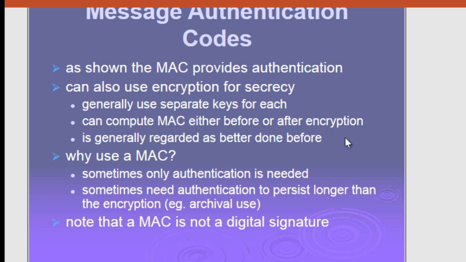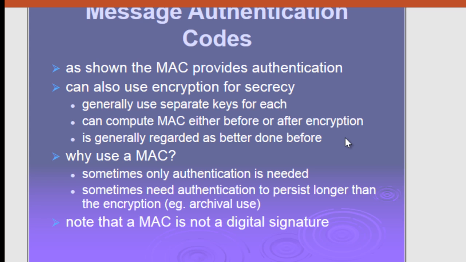If you calculate it after encryption, your MAC is on the ciphertext. If you calculate the MAC before encryption, your MAC will be on the plain text, and your MAC is also masked, because you are encrypting both the message and the MAC.